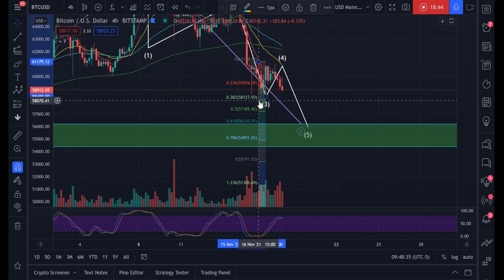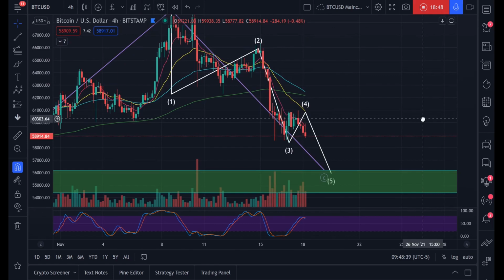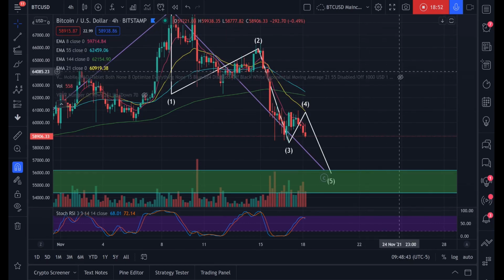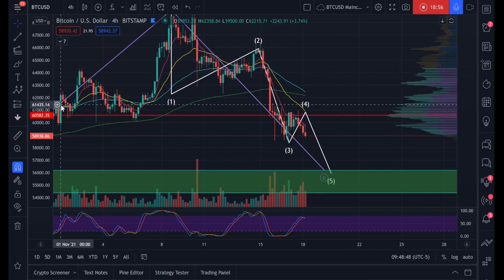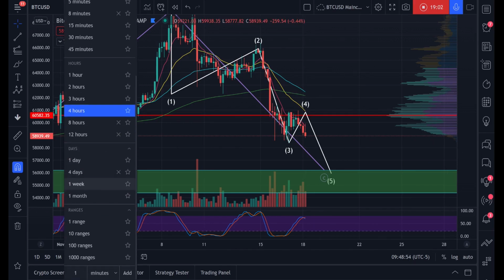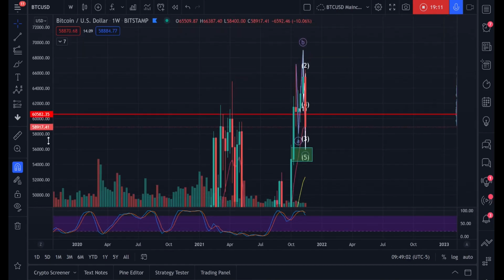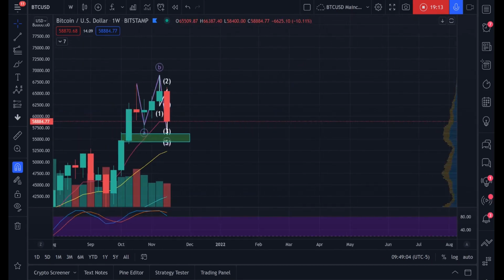In addition, a member of the community, I think Daniel, mentioned that 56.5 is a crucial node on the yearly chart, okay? I don't even know if I have the yearly chart. Let's just go on the weekly. We turned on the VPVR.